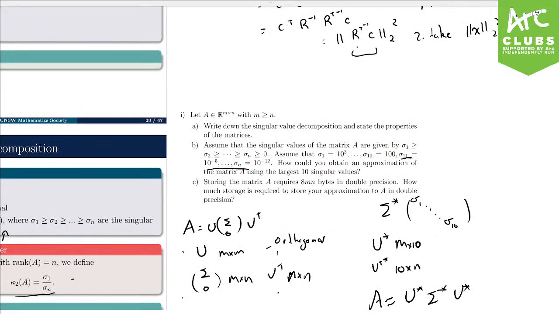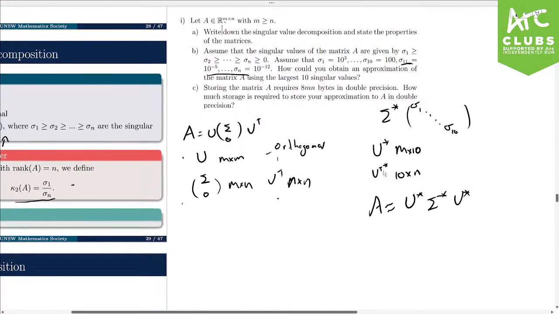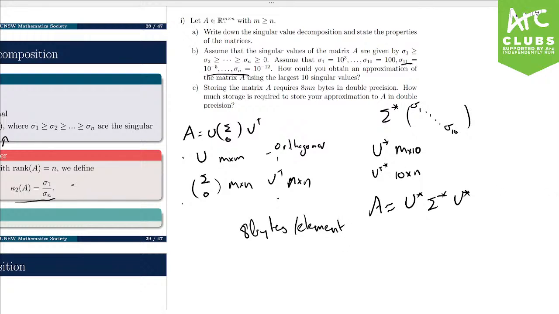So matrix A has m by n elements, and that requires 8mn bytes. So we can assume that one element takes 8 bytes to store. So to store U, this is m by 10. So that will take up m times 10 times 8 bytes.